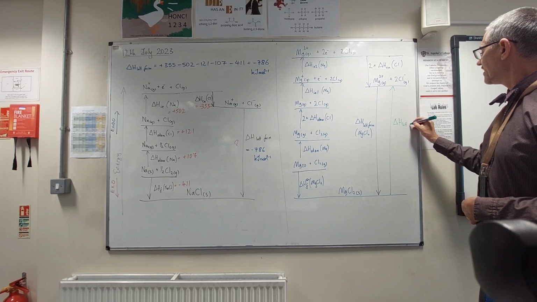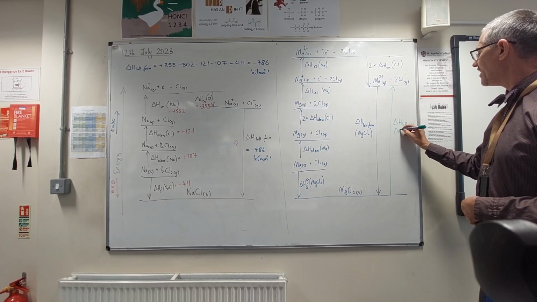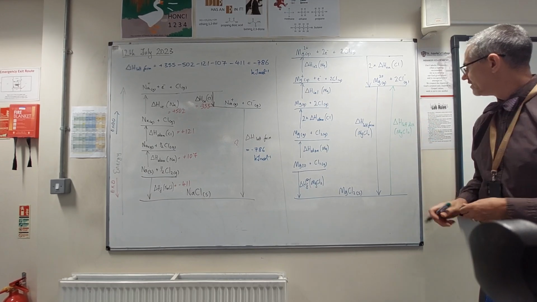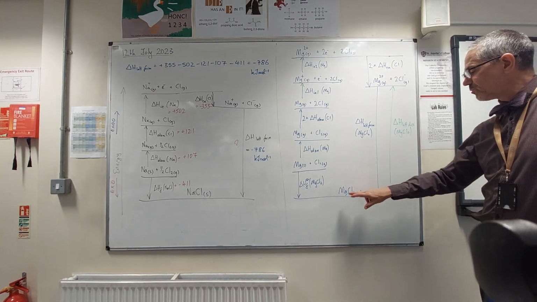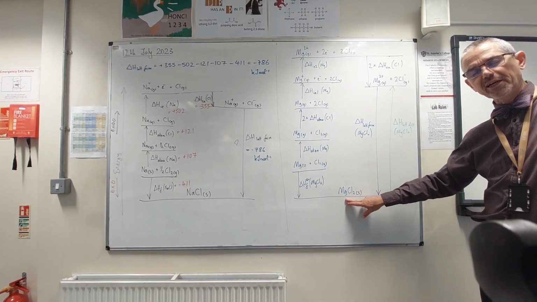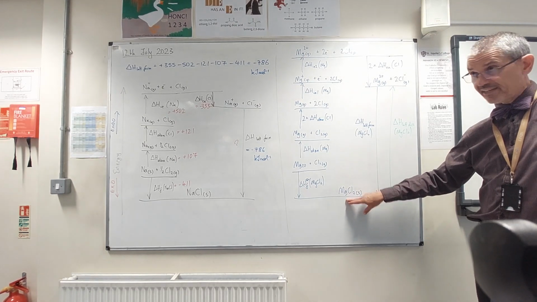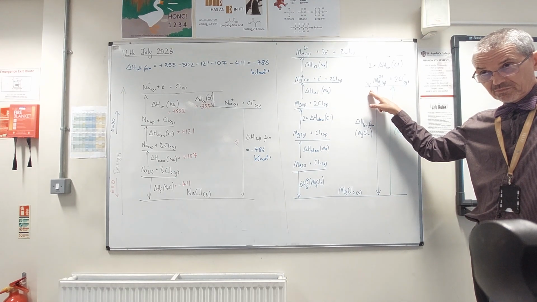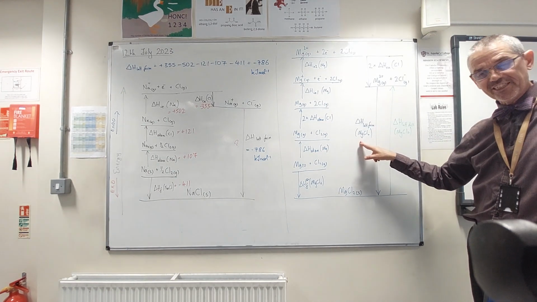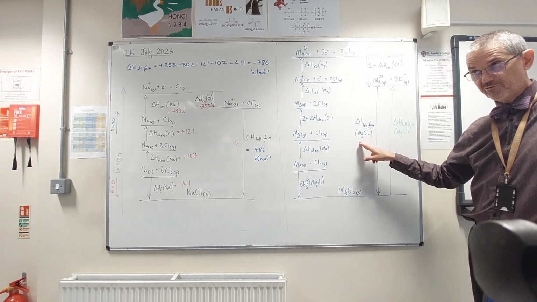Just beware, there is another enthalpy that you'll find in the books, and that's the lattice dissociation enthalpy. The lattice dissociation enthalpy is the enthalpy change when we take 1 mole of compound in its standard state and break it into gaseous ions. Now, of course, that's the exact opposite definition of delta H lattice formation.